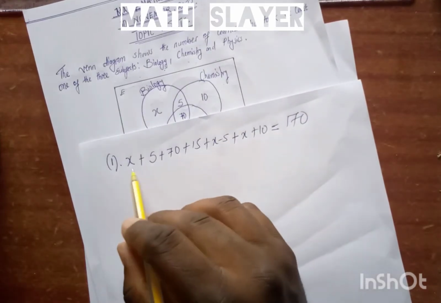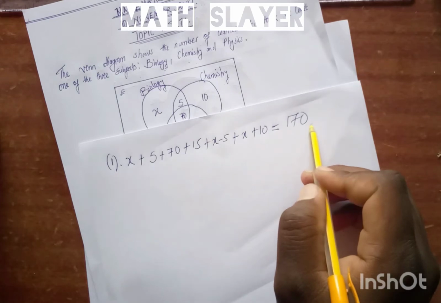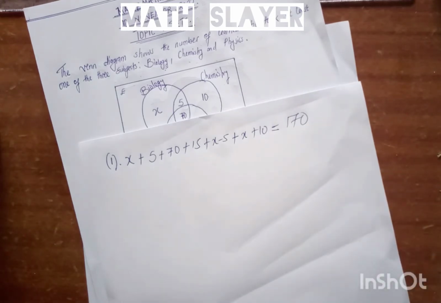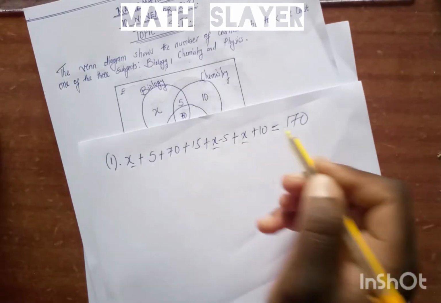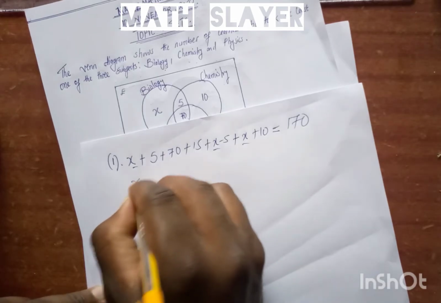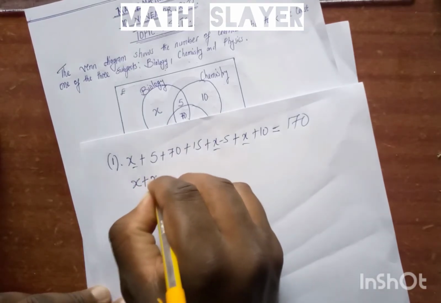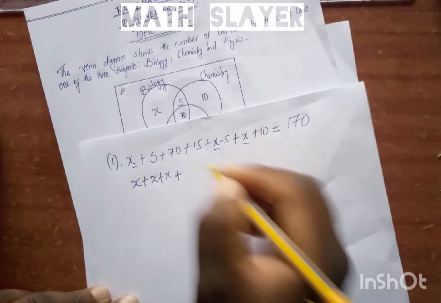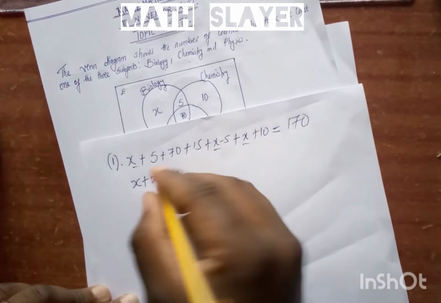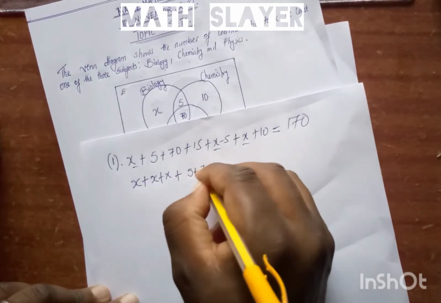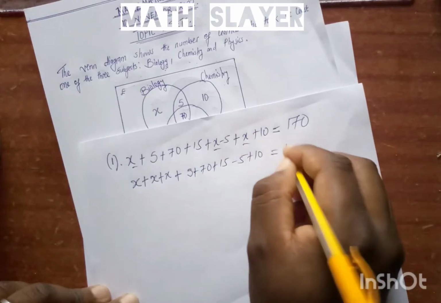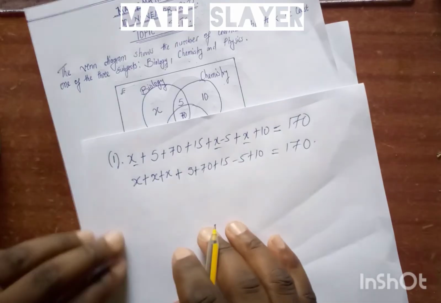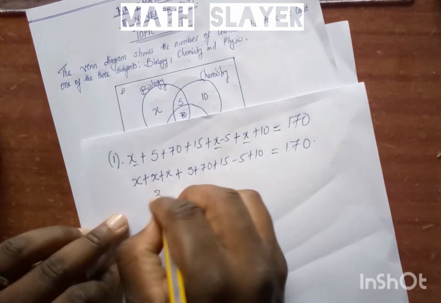After making sure that we have created a straight equation, the first thing to do is to simplify by collecting the like terms. You can agree with me that we have this x and this x and this x, which are like terms. So we'll say x plus x plus x. Thereafter, we'll collect the coefficients together: 5 plus 70 plus 15 minus 5 plus 10 is equal to 170. When we add the variables, we have 3x.